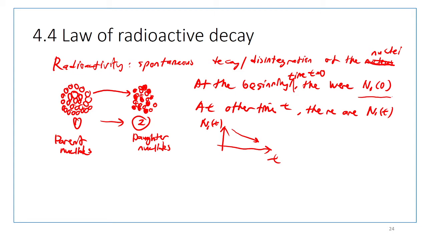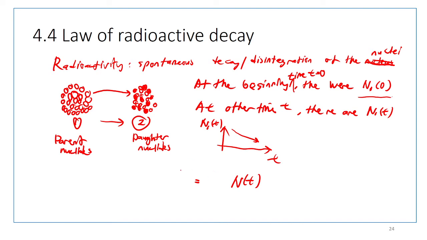The next thing we have to consider is that N1(t) is the number of parent nuclides at time t, and with time it is decreasing, meaning the number of parent nuclides is gradually reduced as time goes by.